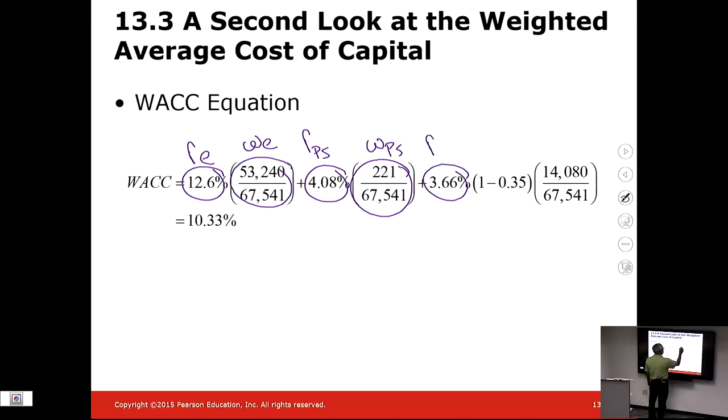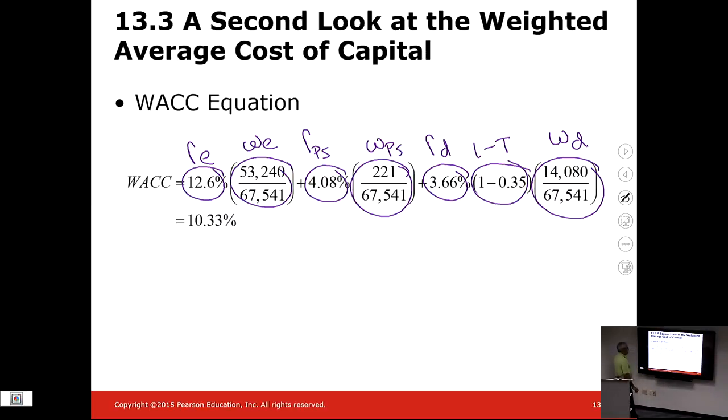This is the cost of debt, this is 1 minus the tax rate, and this is the weight of debt. And of course, the weight is the proportion in equity divided by the total capital for the firm.